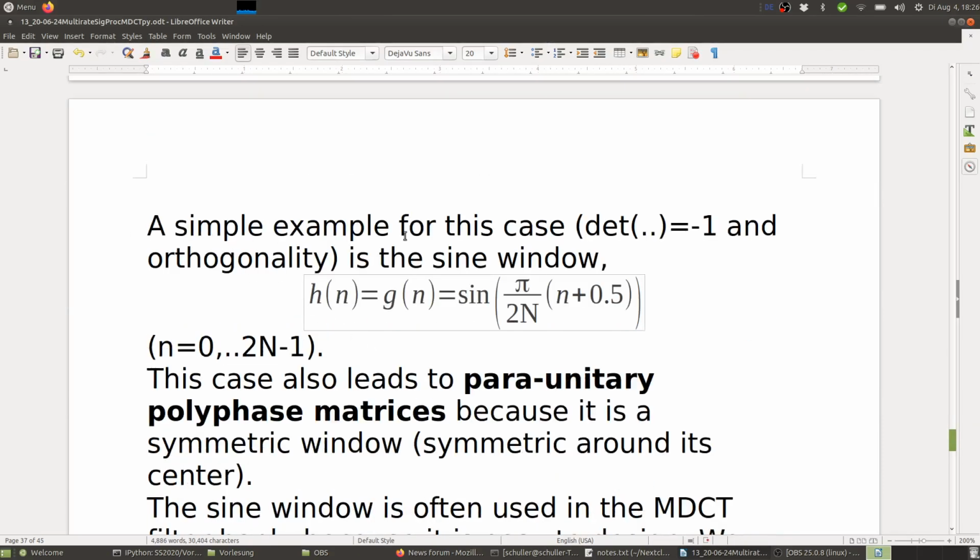A simple example for this case of determinant equals minus 1 and orthogonality is the so-called sine window, which we already know, right? So h is g is sine of pi over 2n times n plus 0.5, or rather should be minus g, for n equals 0 to 2n minus 1.